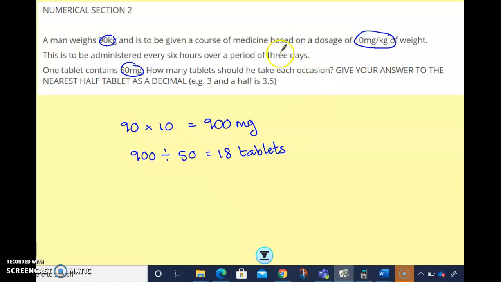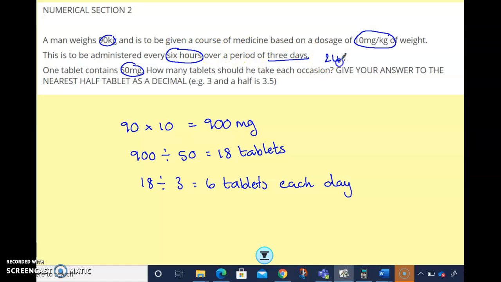Okay, how many on each occasion then? He's going to take these over 3 days. So he's going to take 6 tablets each day. And he's going to take them every 6 hours. Now, every 6 hours doesn't mean he's going to take them 6 times per day.